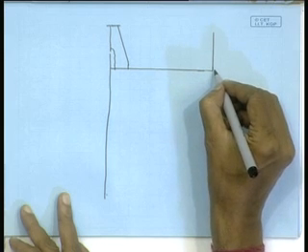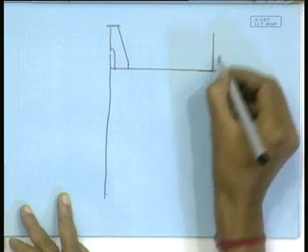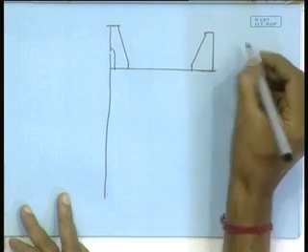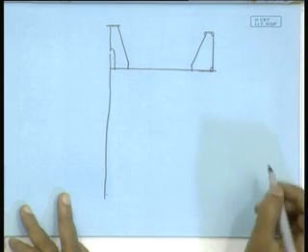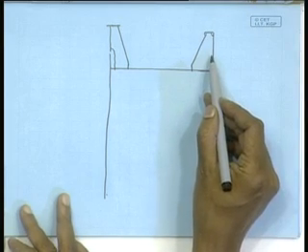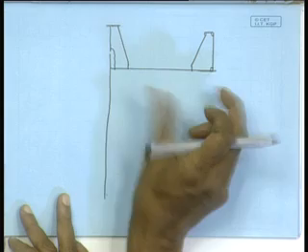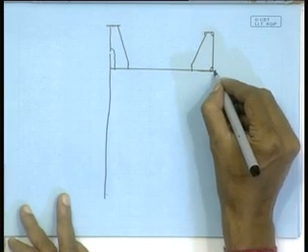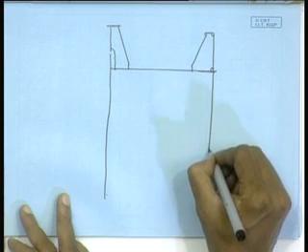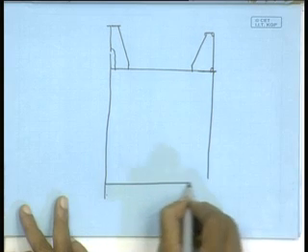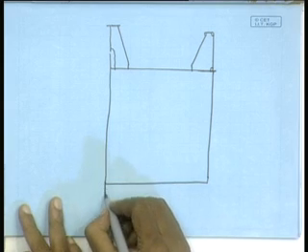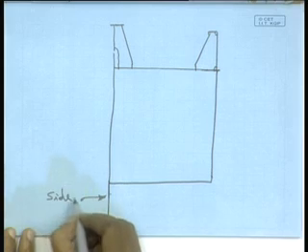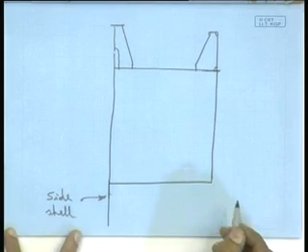And then you have this hatch opening here. There is the hatch combing, right? So, only this much is my deck, then rest is full open. So, what is done is, this is your side shell, right?